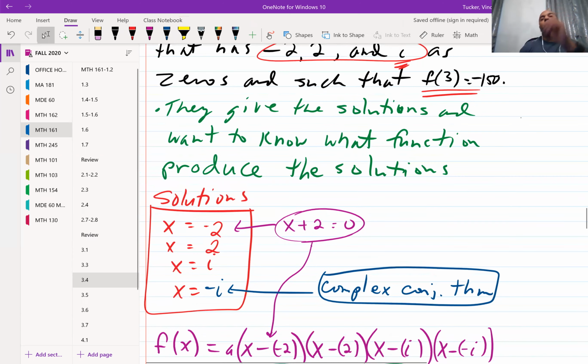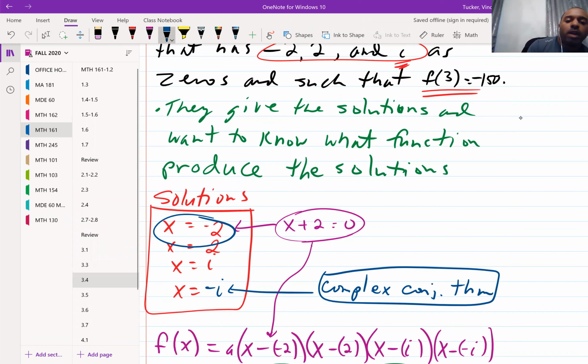All right, so now we're going to work in reverse. We have our solutions, but we want to know what polynomial gives us these solutions. So in order for x equal to -2 to occur, if you do that in reverse, I had to have this situation, x plus 2 equal to 0. Remember what happens when we go about solving our polynomials?